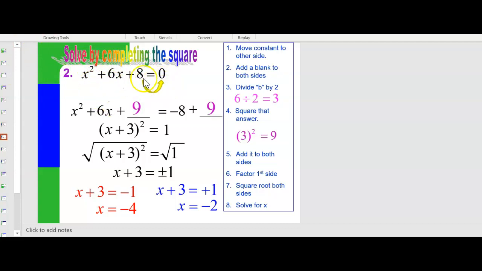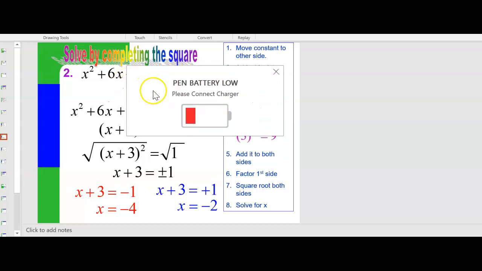So first, move the single number to the other side. How can you move positive 8 to the other side? You're going to subtract it.